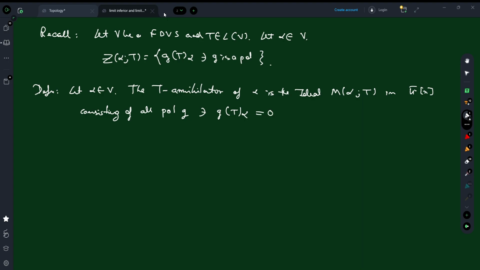Obviously, we are specifying it to be a T-annihilator, so T is some linear operator defined on V.